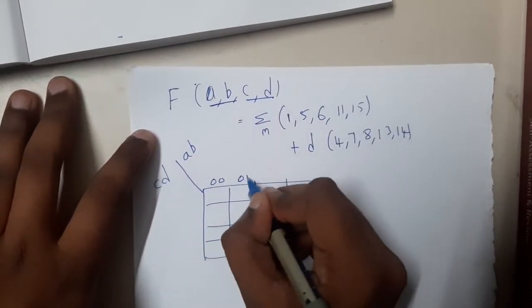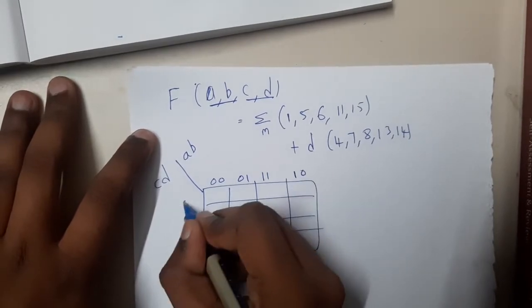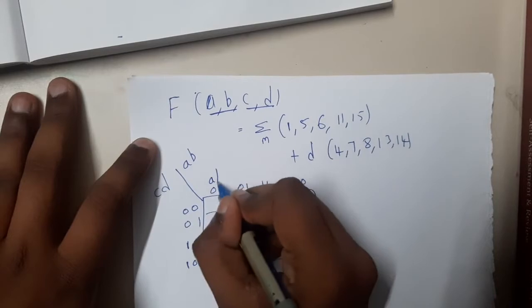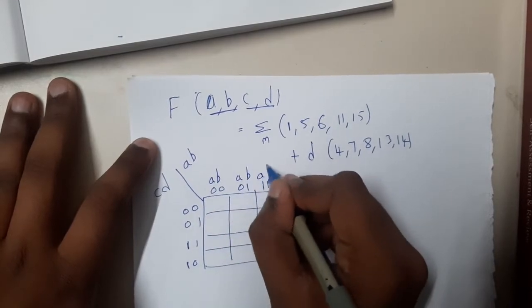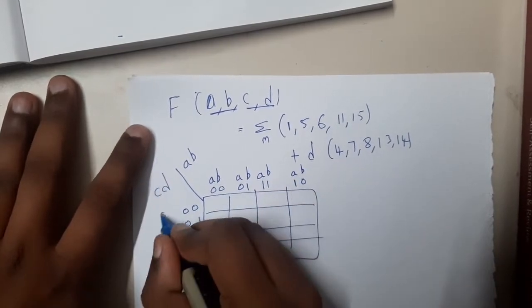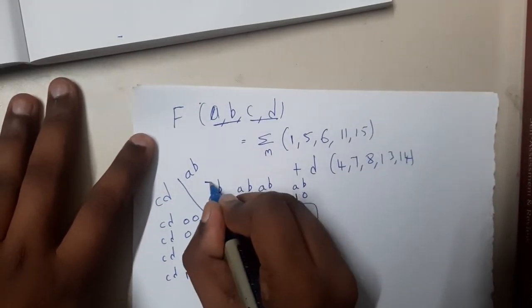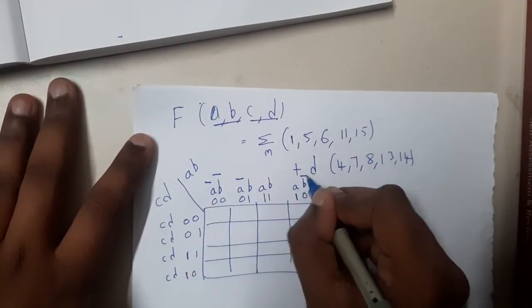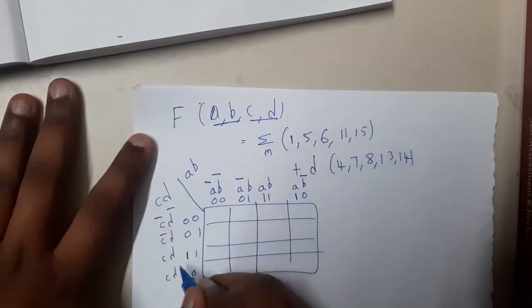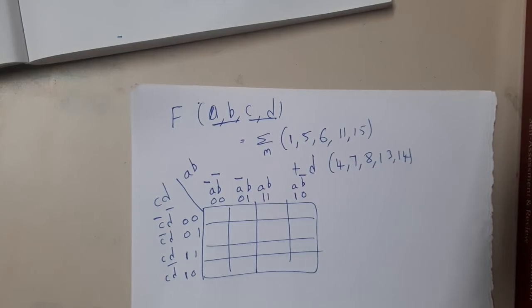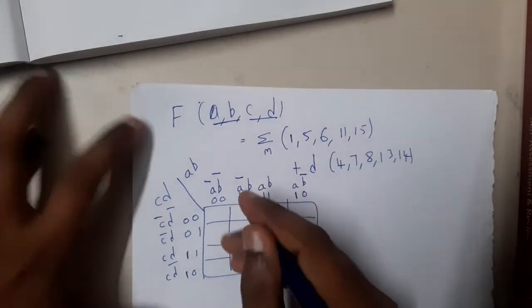So 00, 01, 11, 10 for AB, and 00, 01, 11, 10 for CD, with all cells initially 0. In this way you can draw, guys. Just give me a second, I'll take another color pen so that we can write the numbers.